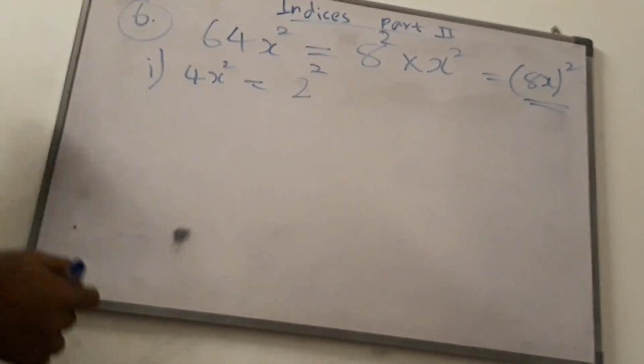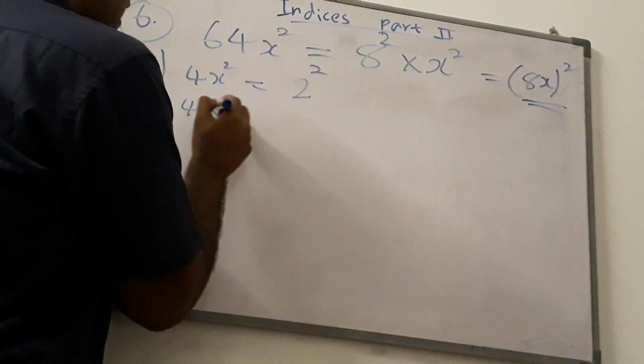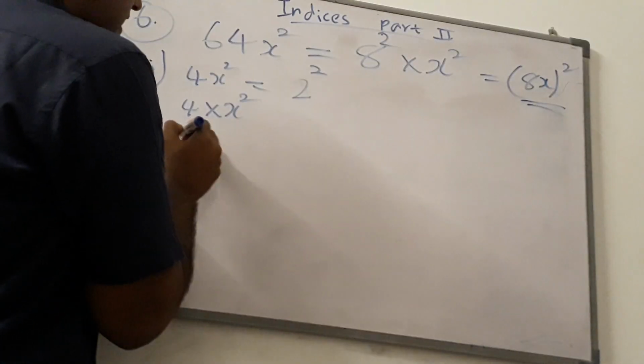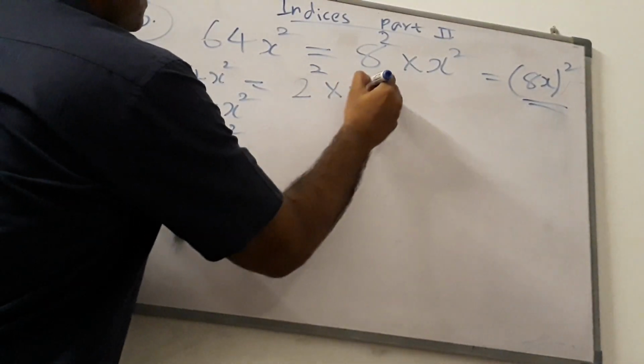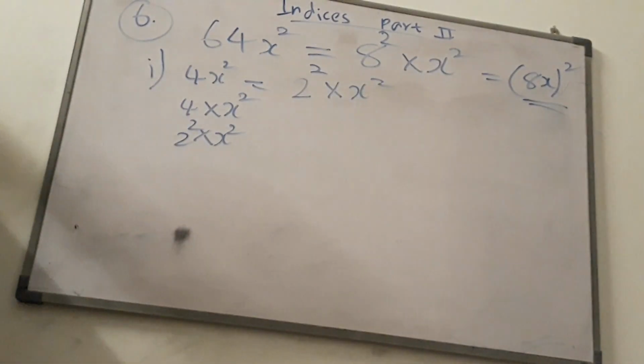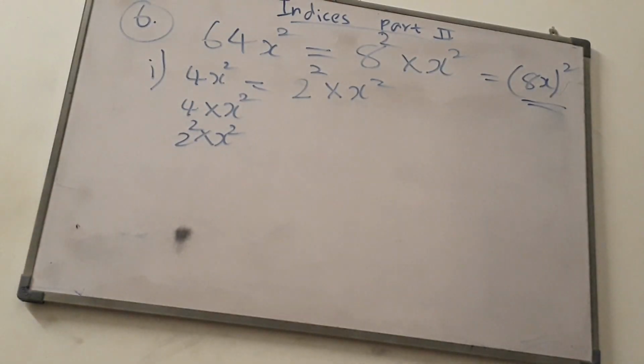And 4x squared can be written like 4 times x squared, the same as 2 to the power 2 times x squared. This is what I am doing here. Why? Because 4x squared means 4 times x squared.